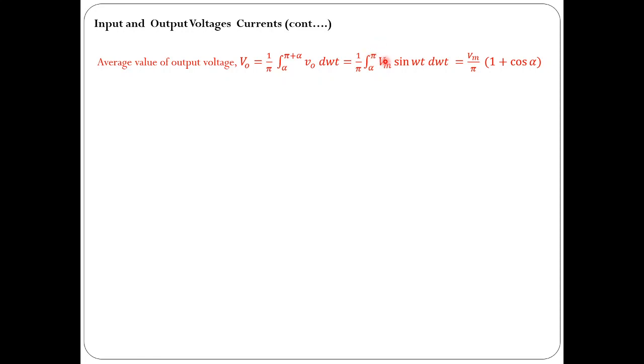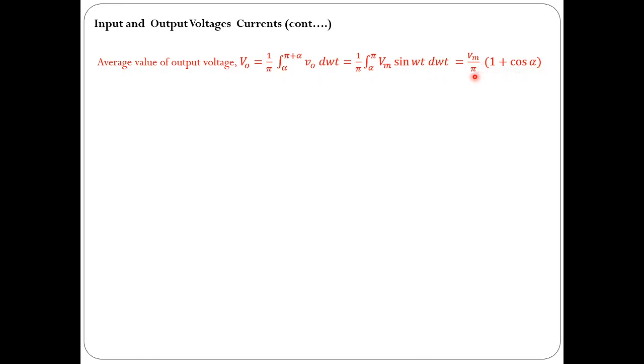So do not consider integration from pi to pi plus alpha, as it does not contribute anything since the value of voltage itself is 0. So I will consider only integration from alpha to pi, and after finding its value, you would get the average value as Vm by pi into 1 plus cos alpha.